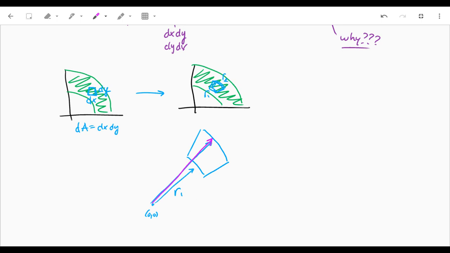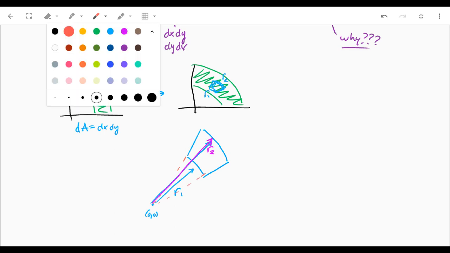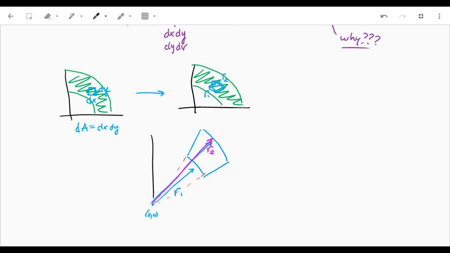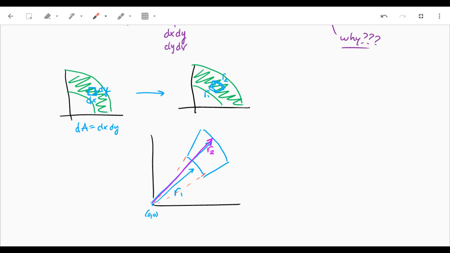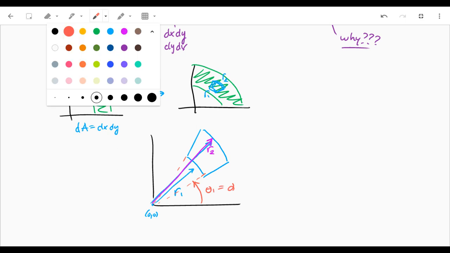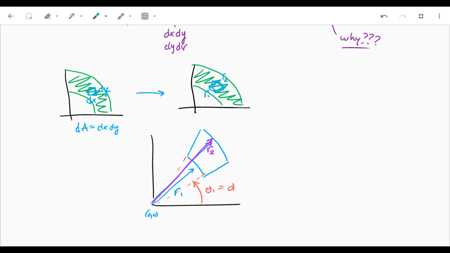This would be R2, okay? And then we would have theta 1, okay, which would actually be alpha. And then we would have, let me get a different color here. We haven't used green.